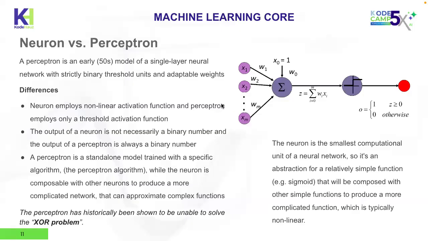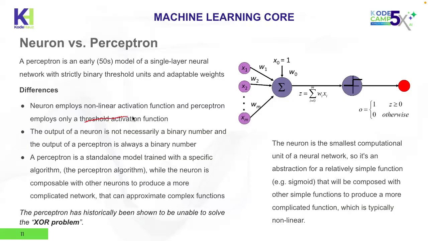We talked about decision boundary when we were talking about support vector machines, if you can remember. We were talking about where you put the line to separate two groups or clusters. We'll see that shortly. But anyway, neurons use nonlinear activation functions. In other words, a neuron can use any different type of activation function, but a perceptron only uses a threshold activation function.